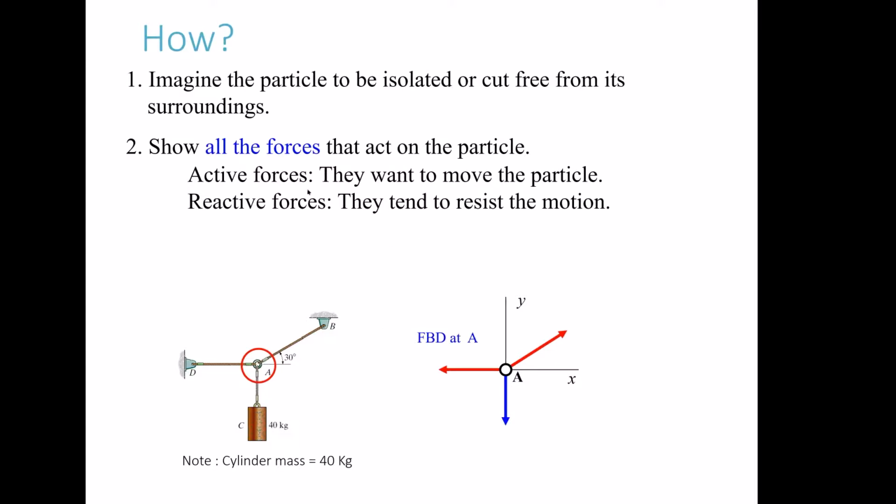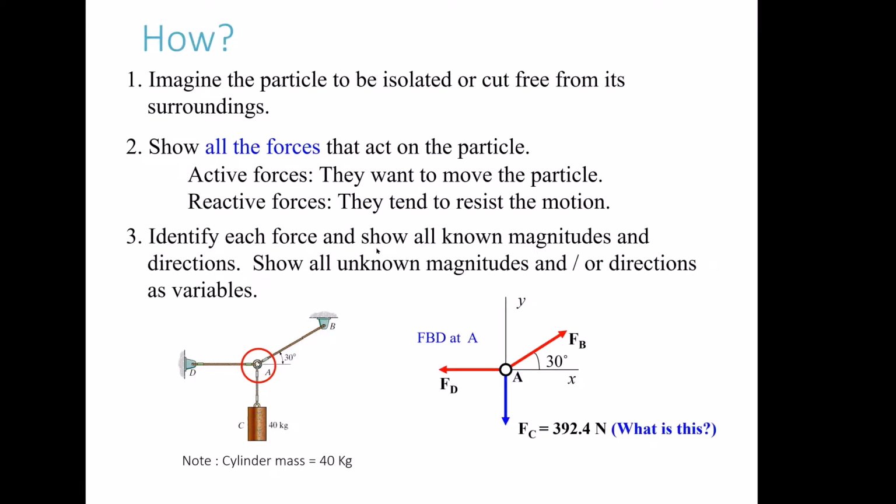Now we define the forces on it, the active forces and reactive forces. Reactions are something we'll cover a little bit later, and we can think about it in terms of some active forces.